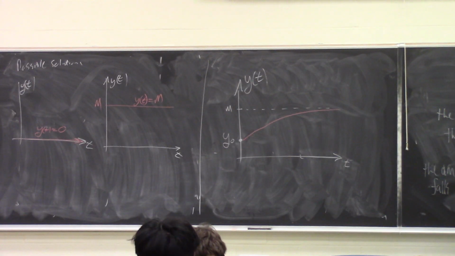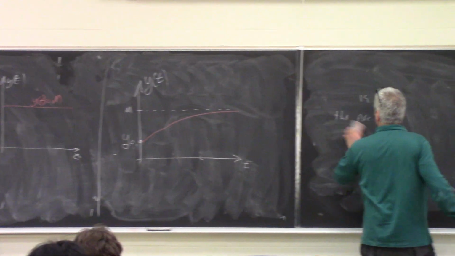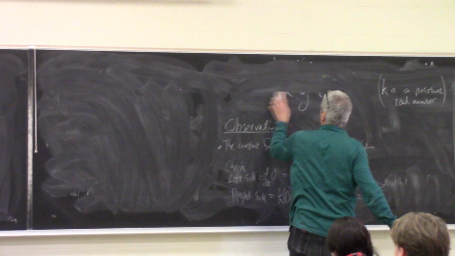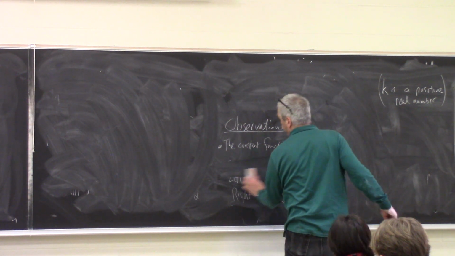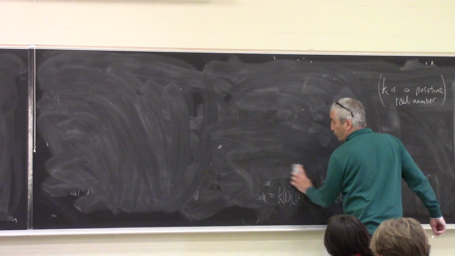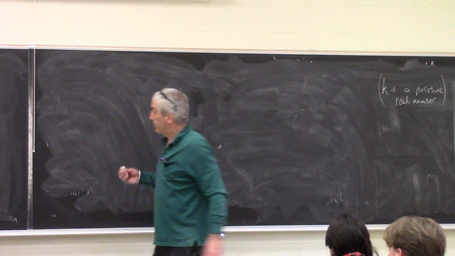Now, from the book, I'll set up an outline of the solution. We already know that y equals 0 is one solution. We know that y equals m is another solution.